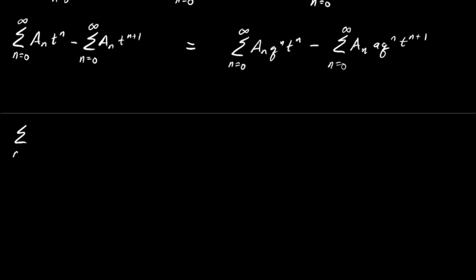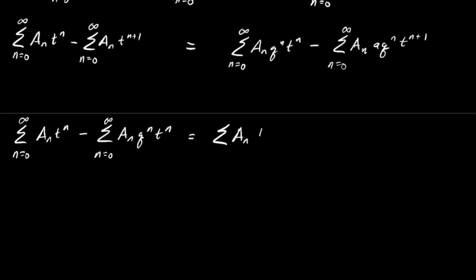I'm going to write this equation as the sum, n goes from 0 to infinity, of a_n t^n minus the sum of a_n q^n t^n, and this is now going to equal the sum of a_n t^(n+1), n goes from 0 to infinity, minus the sum of a_n a q^n t^(n+1) as n goes from 0 to infinity.